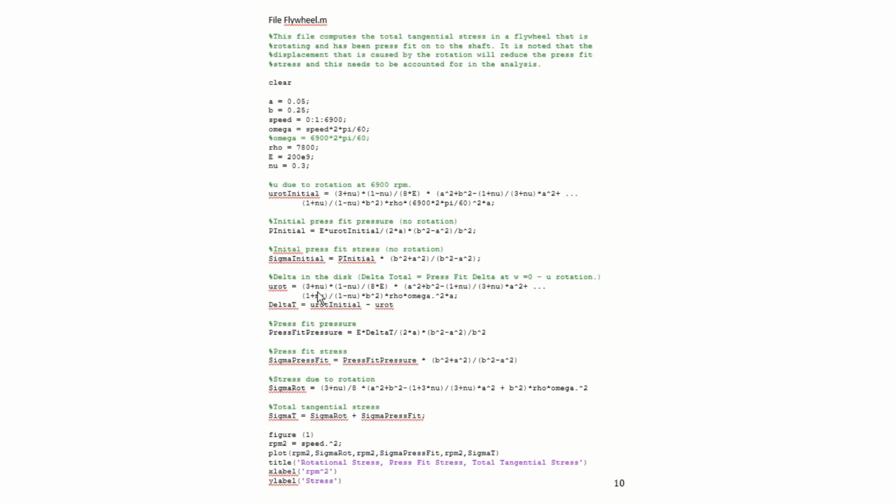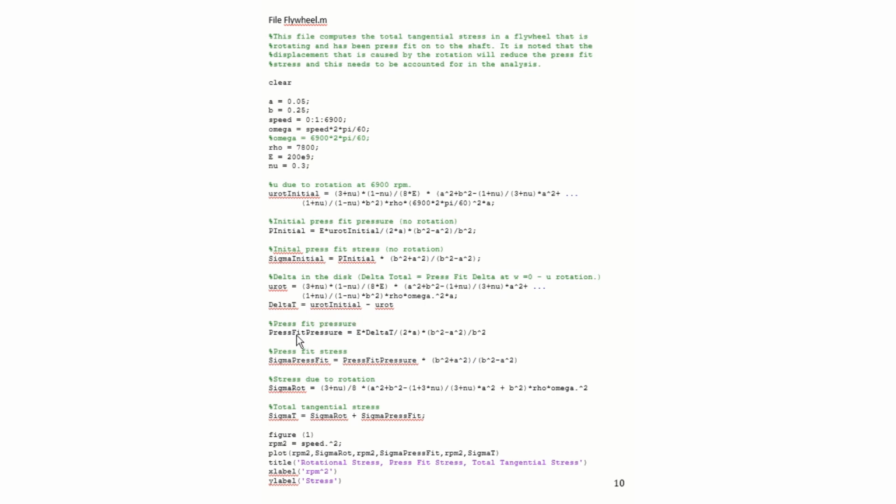And then we look at the radial deflection, and we're going to look at a total, and this is going to be equal to the press fit delta at zero speed minus the displacement due to the rotation. So we'll look at that total by the superposition of the two components, and that gives me the delta total down here.